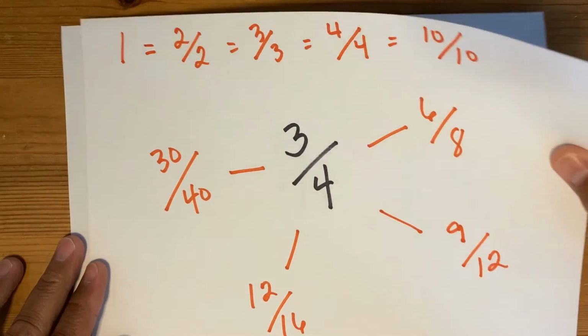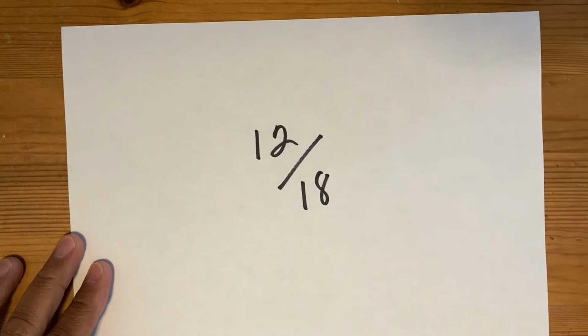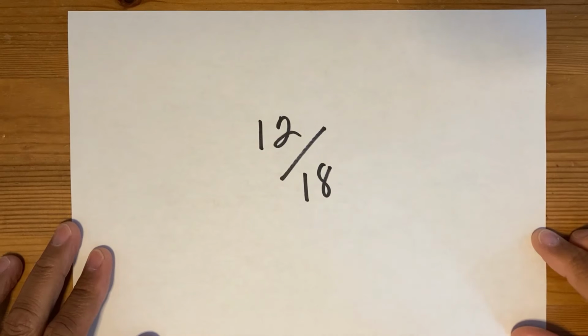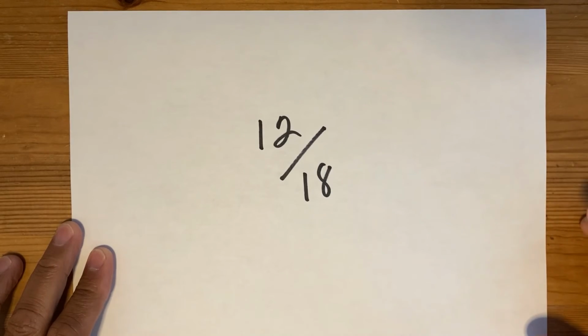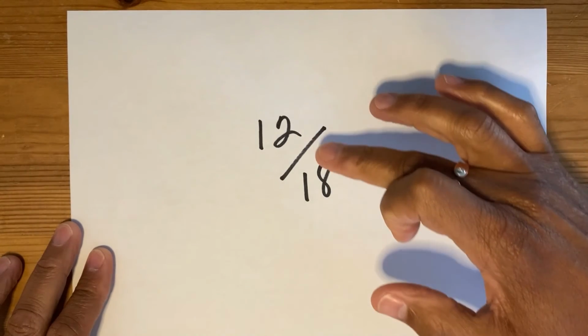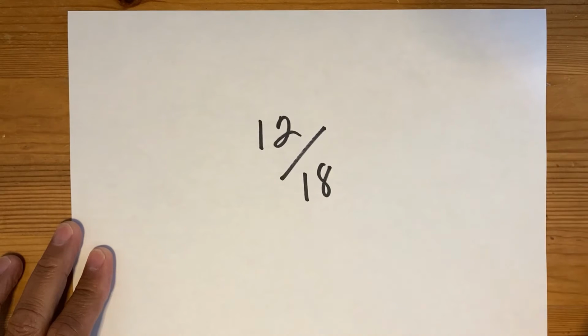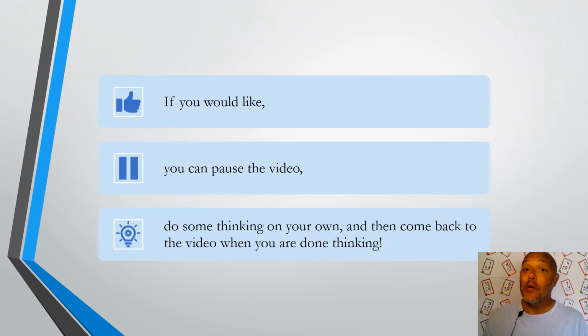We're going to do equivalent fractions with 12/18, but I want you to see if you can find an equivalent fraction where the numerator and the denominator are both smaller numbers than 12 and 18. Try that. If you would like, you can pause the video, do some thinking on your own, and then come back to the video when you are done thinking.